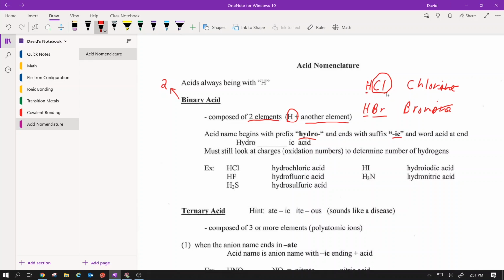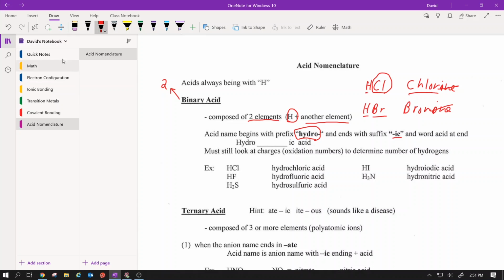So HCl will be hydrochloric acid, or hydrobromic acid, or hydrofluoric acid. Or H2S would be hydrosulfuric acid.